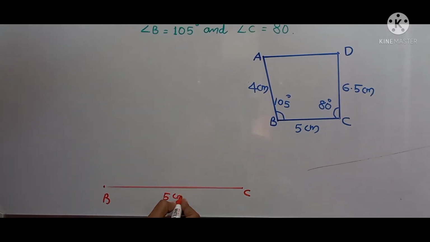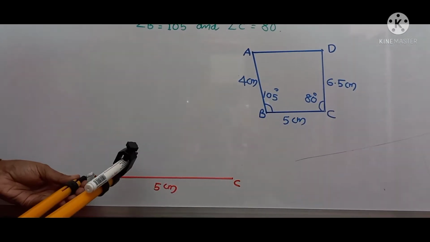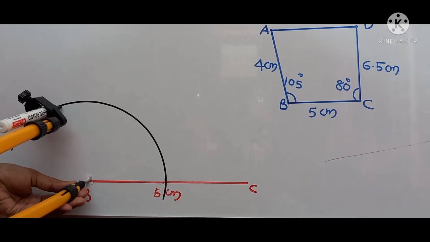Here it is BC, 5 centimeter. How to construct angle B 105 degree by using a compass.